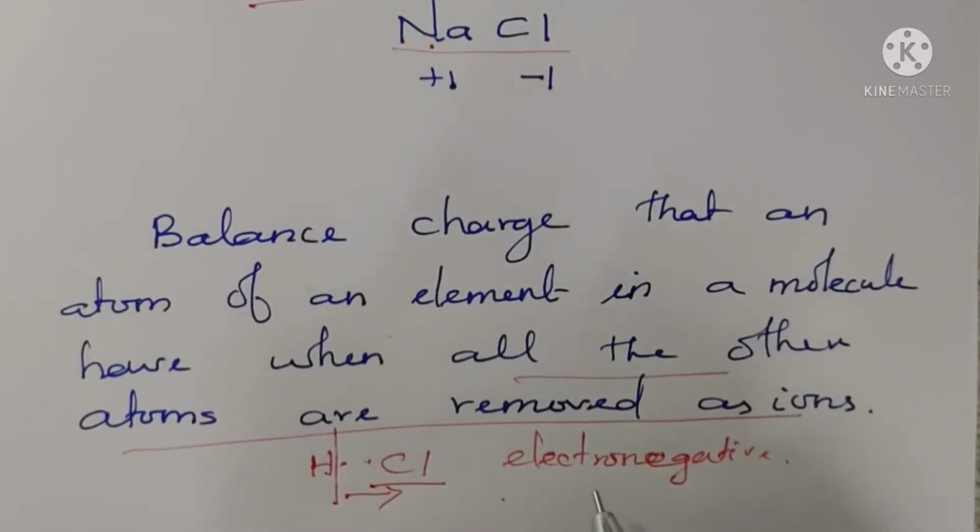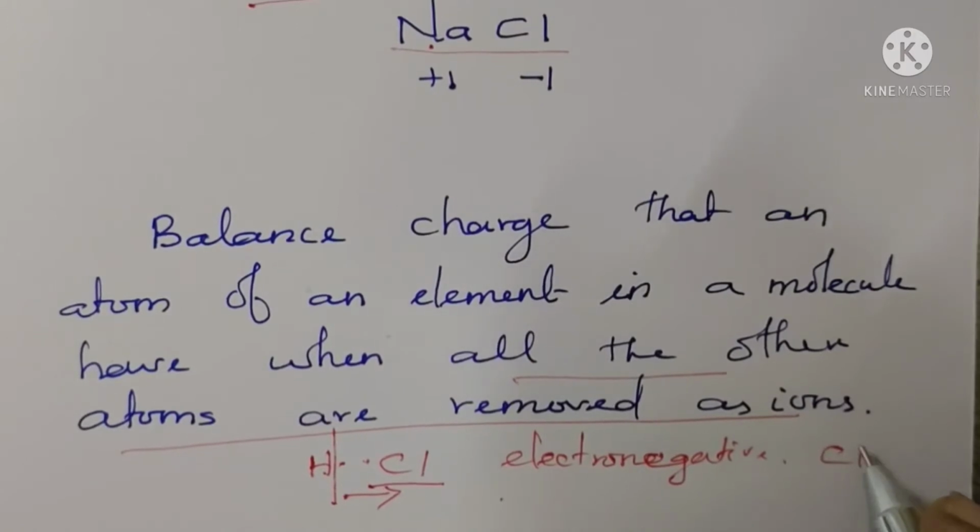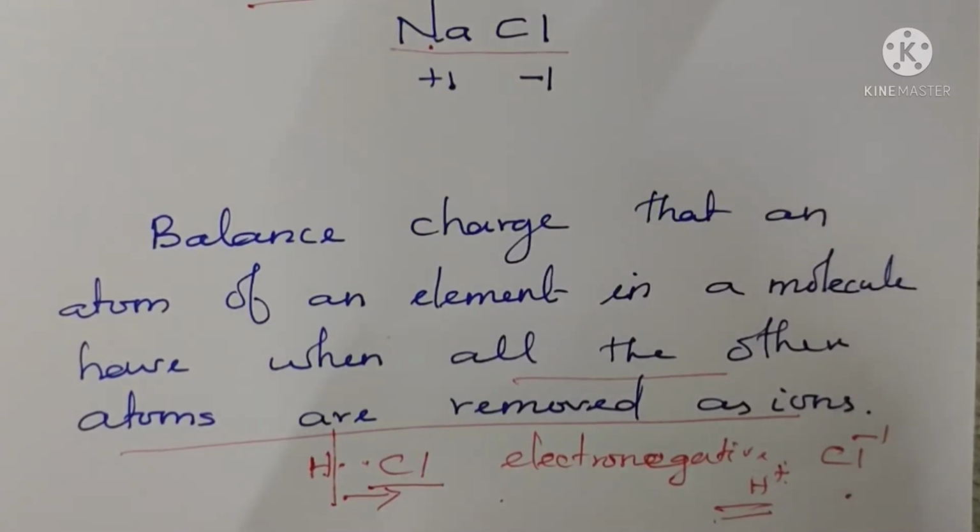So when it takes up the shared pair of electrons, Cl becomes -1 and hydrogen becomes +1. +1 is the oxidation state of hydrogen and -1 is the oxidation state of chlorine. Oxidation state means it is the imaginary charge that is assigned to an atom in a molecule. So this is the definition for oxidation state or oxidation number.